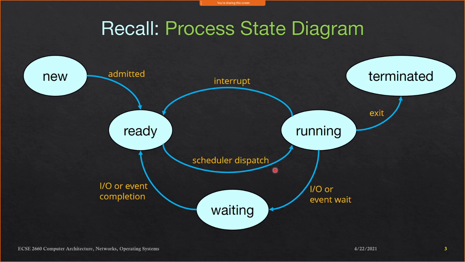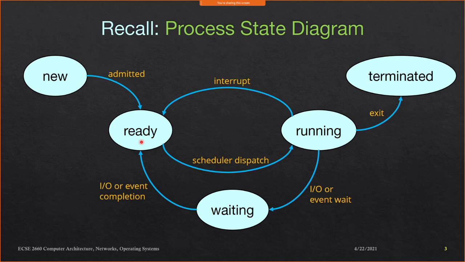So the scheduler dispatcher, whenever it has a CPU ready to assign to the process, makes the process go from the queue to the running state.